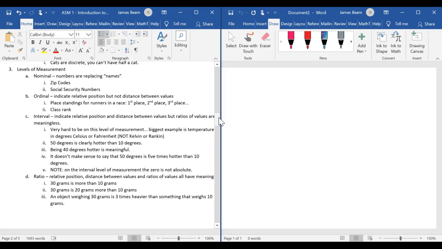And that's really because the zero is not an absolute. 0 degrees Celsius is somewhat arbitrarily chosen as the freezing point of water. 0 degrees Fahrenheit is something arbitrarily chosen because it feels cold. And there's not much more you can do with that. But ultimately, that's why the ratios don't make sense, because there's not a clear distance from zero, or a clear distance from some sort of bottom.